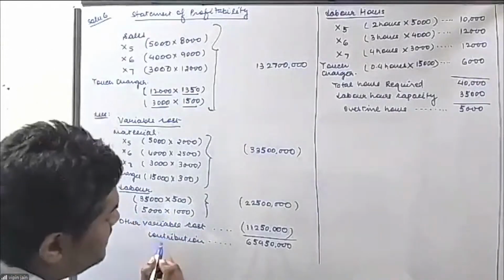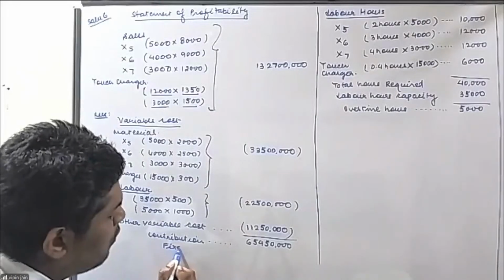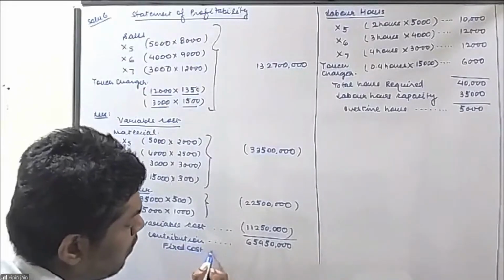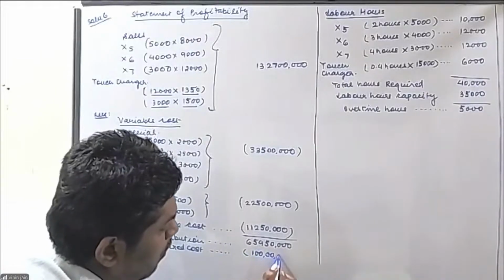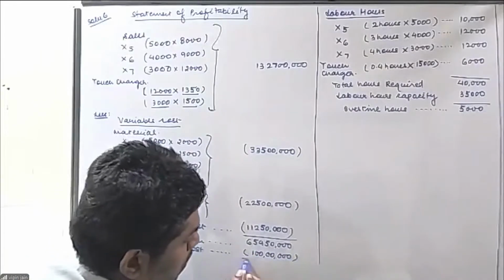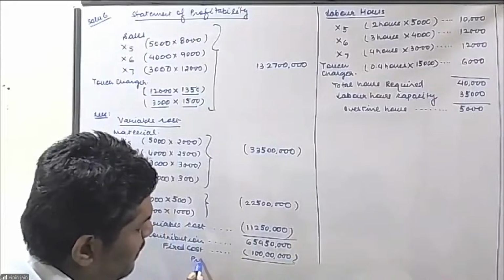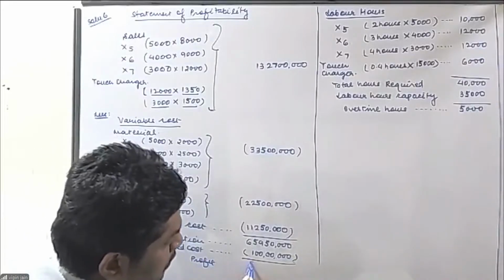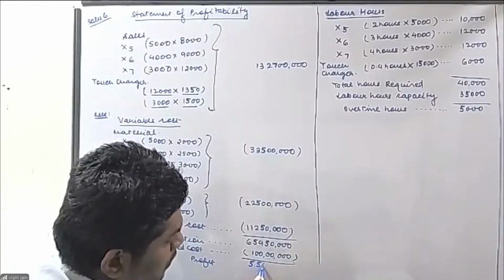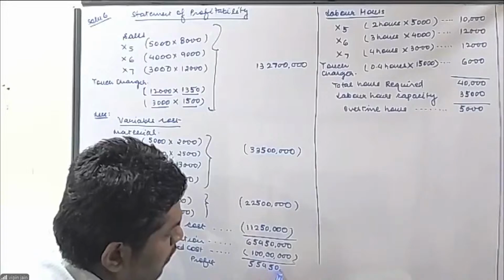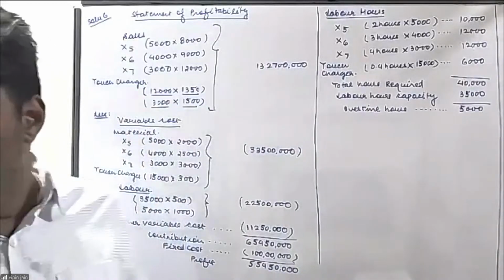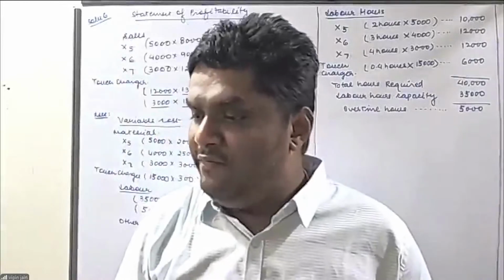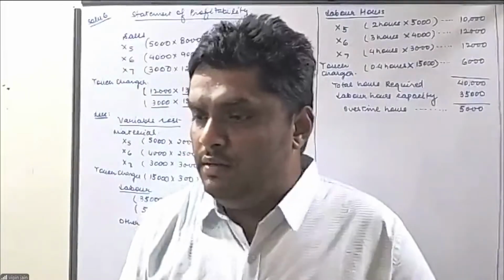My fixed cost is 1 crore. Therefore, my profit will be 5 crore 54 lakh 50,000.